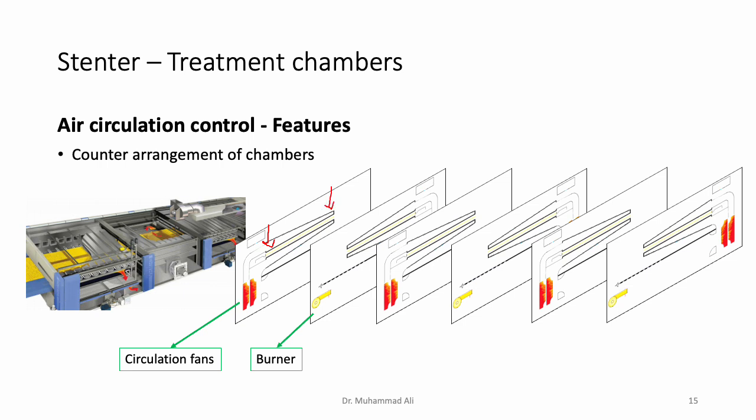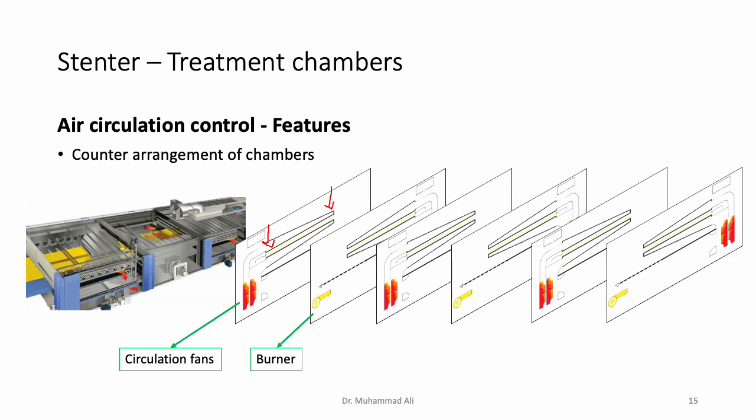Now this is usually not expected, but the point here for you to understand is that despite all the features that are incorporated into the design of the stenters, to make sure that there is absolutely no variation in air circulation, there is still a slight chance of a slightly greater pressure of air on this side, the side which is near to the centrifugal fan, and slightly less pressure on this side, the side which is further away from the centrifugal fans.